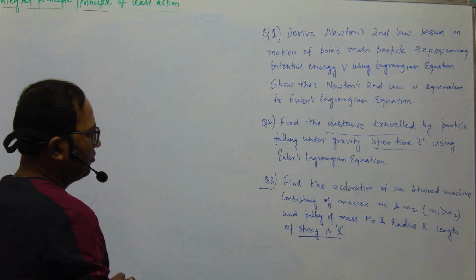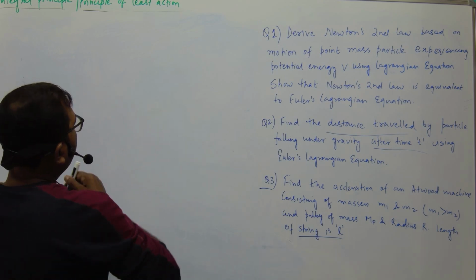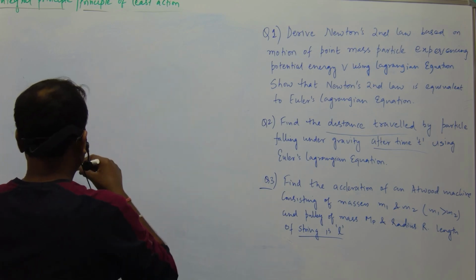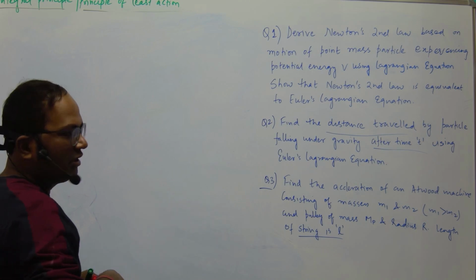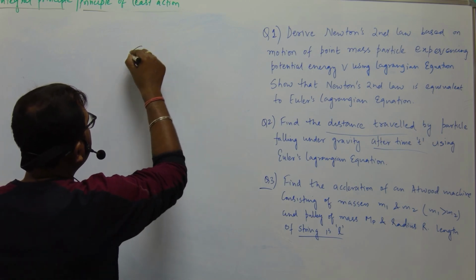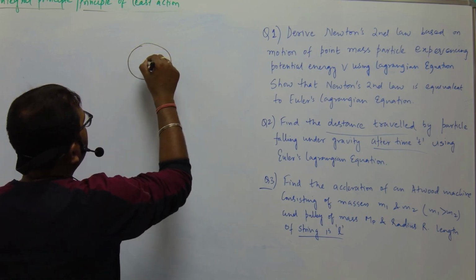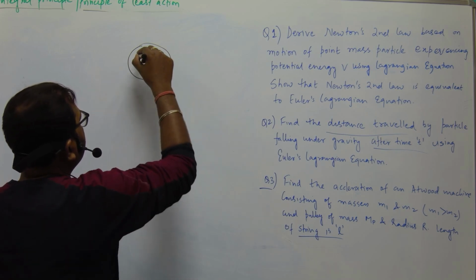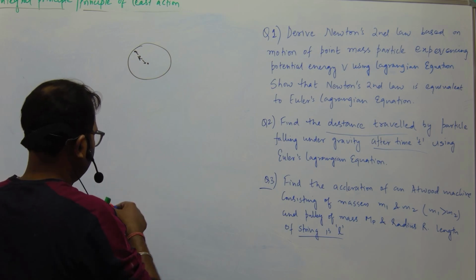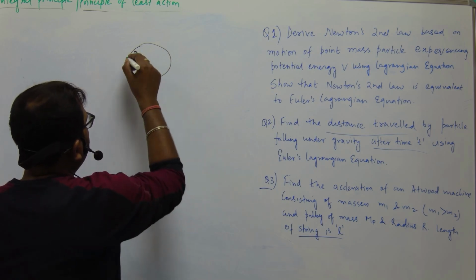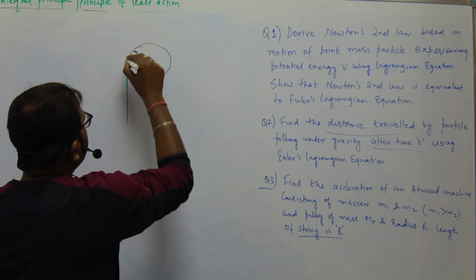Let us draw a pulley first. We have a pulley like this, of radius r. There is a string of length l running over it.